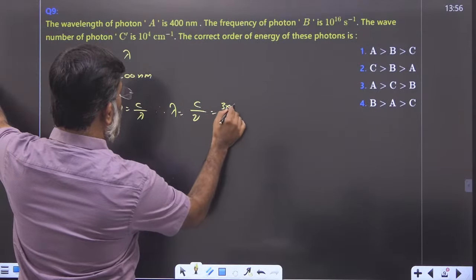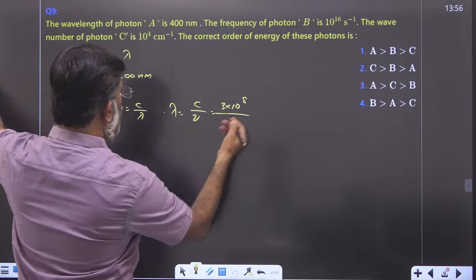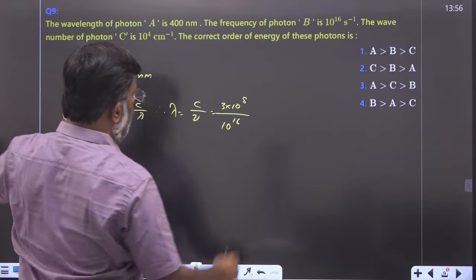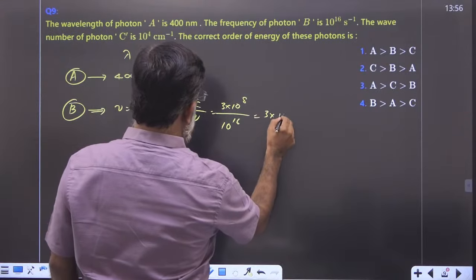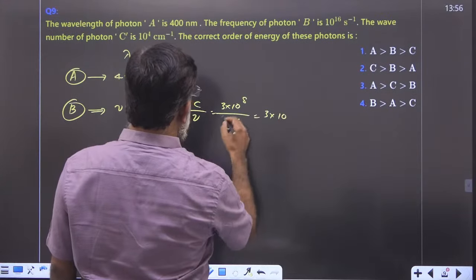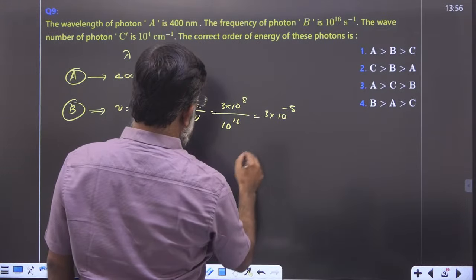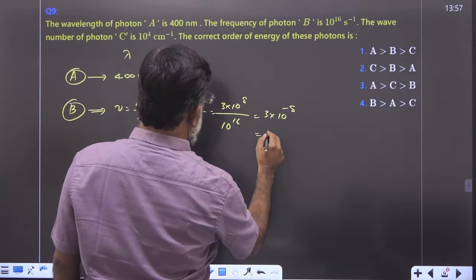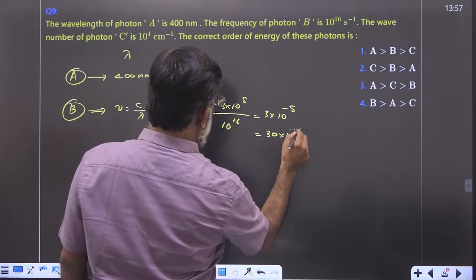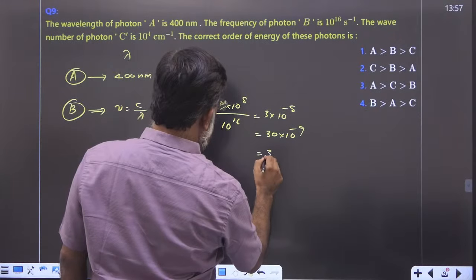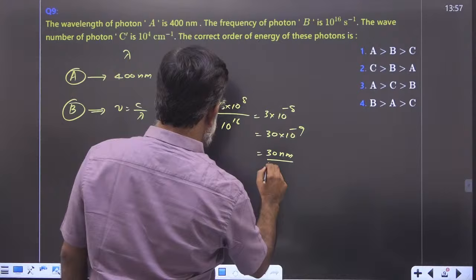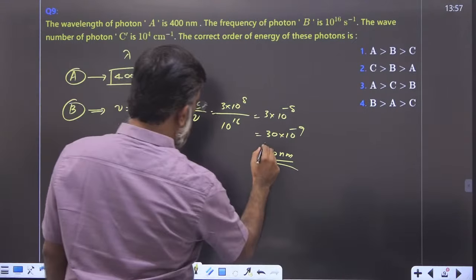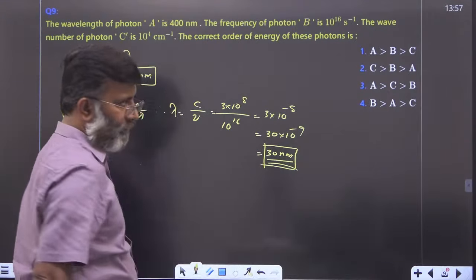That is 3 into 10 power 8 divided by 10 power 16. എന്ന് വെച്ചാൽ 3 into 10 power minus 8 അല്ലേ? ശരിയല്ലേ? That is 30 into 10 power minus 9. That is 30 നാനോമീറ്റർ. അപ്പോൾ ഇത് 400 നാനോമീറ്റർ ആണ്, ഇത് 30 നാനോമീറ്റർ ആണ്.